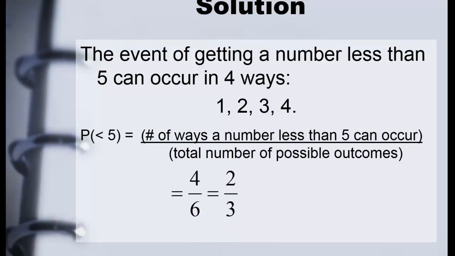So the number of ways a number less than 5 can occur is 4, the total number of possible outcomes is 6, and it reduces to 2/3. So remember, theoretical probability is a number between 0 and 1, and 2/3 is between 0 and 1, and it indicates the chance or likelihood of an event happening.